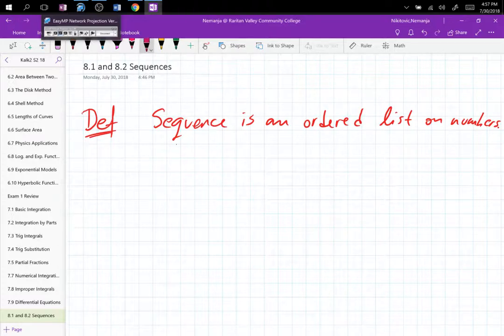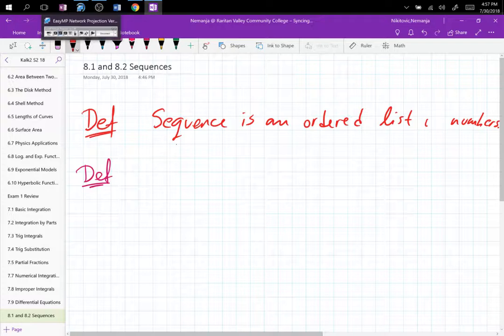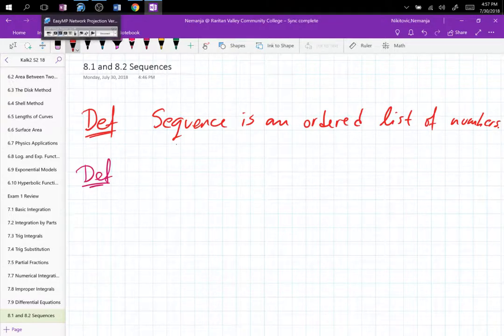Next sentence, also definition. So a sequence is an ordered list of numbers. That's pretty much what it is.